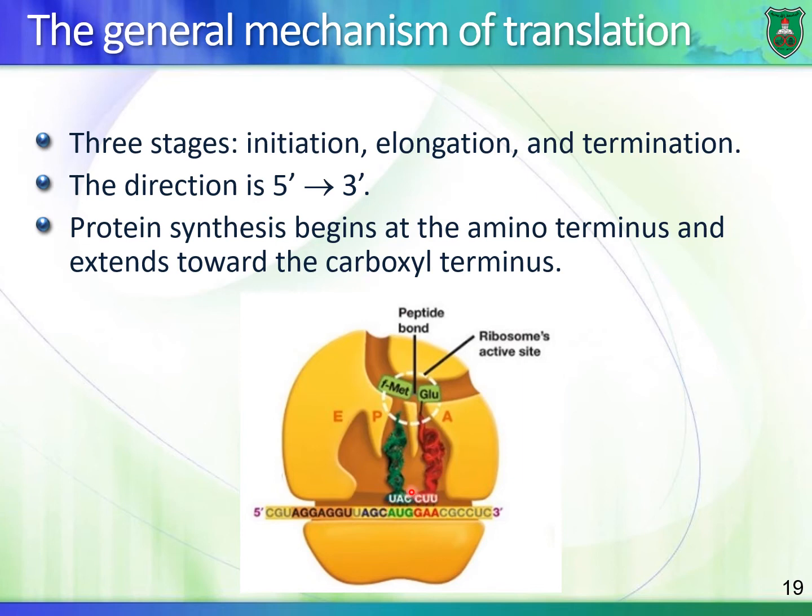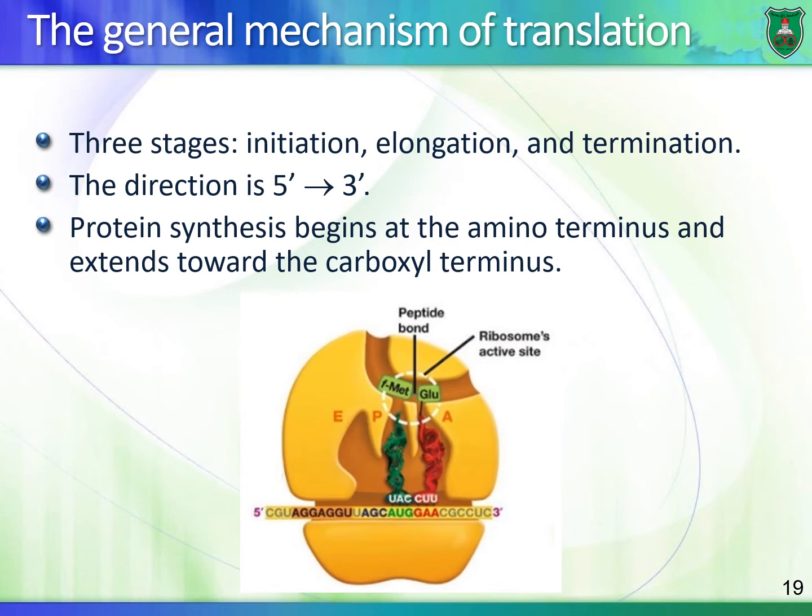Because here's the 5' end, and this is the 3' end. So you read it again from 5' to 3'. Again, notice that this binding is anti-parallel as well. So you have these 2 tRNA molecules that are charged sitting next to each other. What happens is that you have the formation of a peptide bond between these 2 amino acids. Okay, and the direction of synthesis is going to the right.